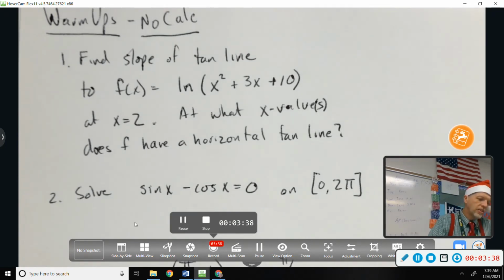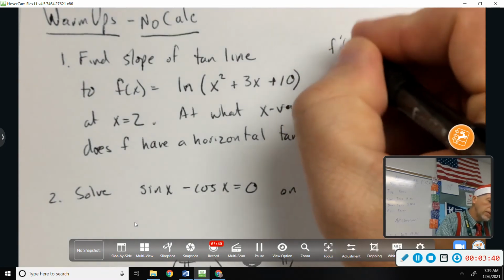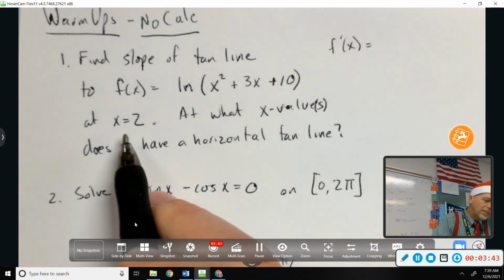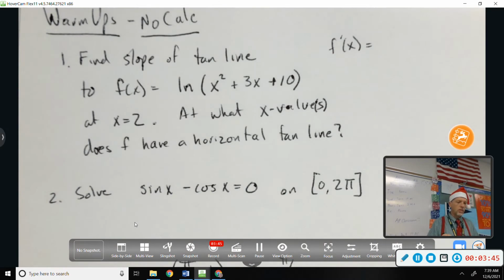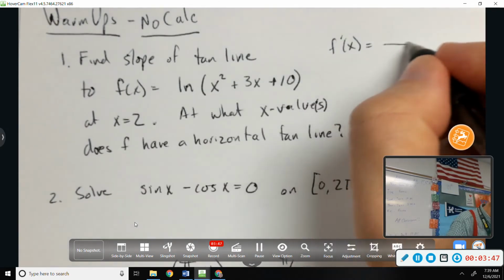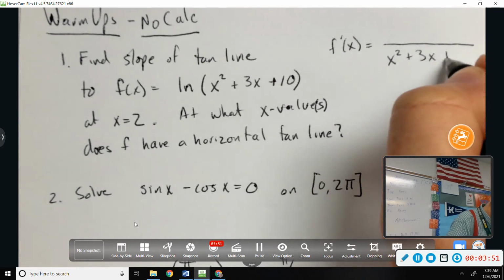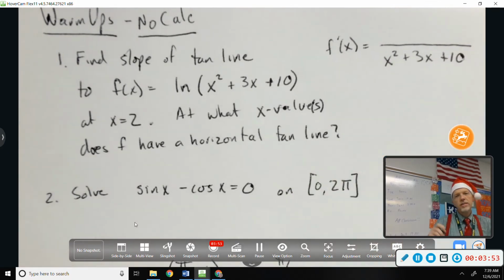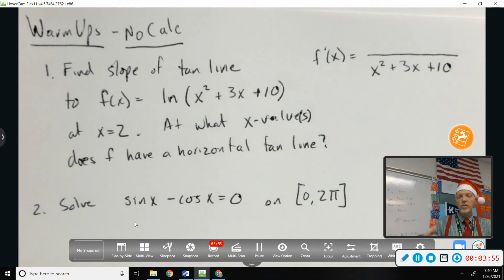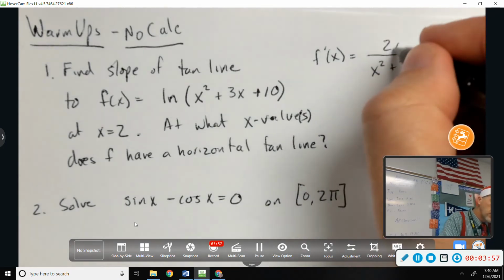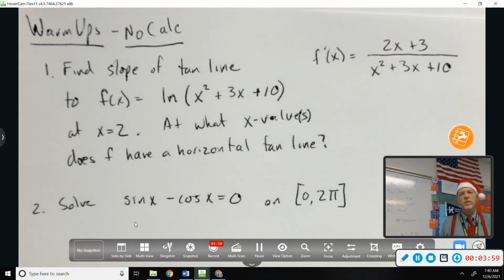Slope of a tangent line, so that would require f prime at 2. So we'll find f prime and then plug in 2. Derivative of natural log is argument in the bottom, and then times the derivative of the argument, or just put the derivative of the argument in the top. So 2x plus 3 in the top.